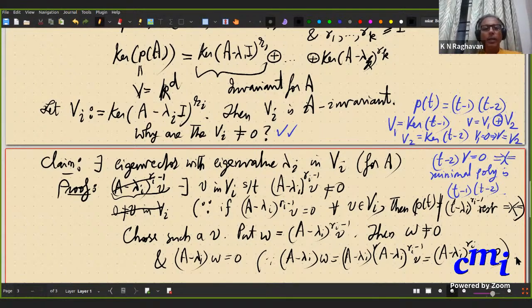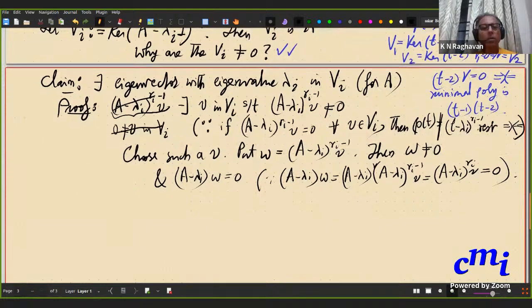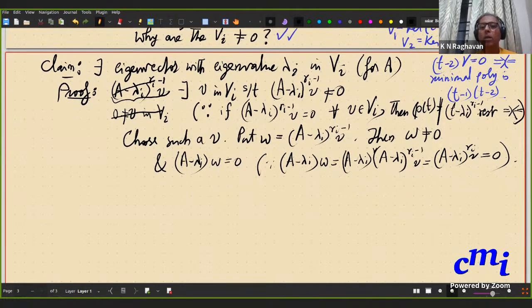Now that proves the claim. So this is QED for the claim. But what we want to claim is this.